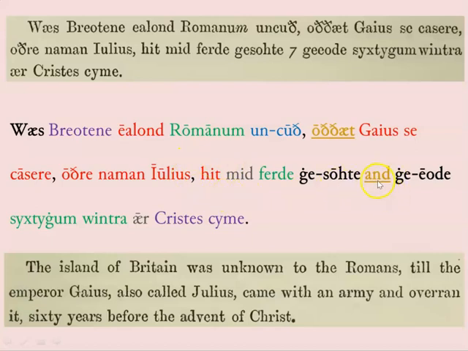Remember how the coordinating conjunction, and, joins clauses of equal grammatical weight. So this clause is of equal grammatical weight to this one. So it's the it that overran, and the it is the army, of course. All right, just go on.